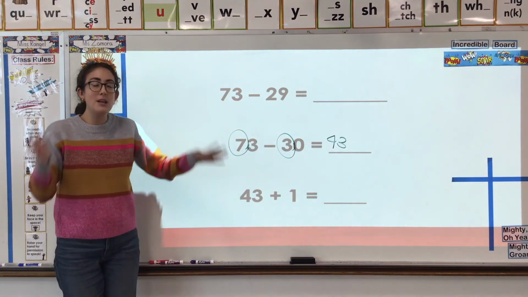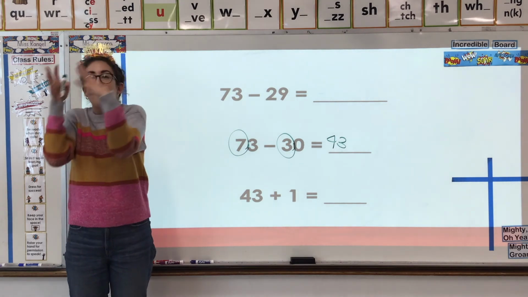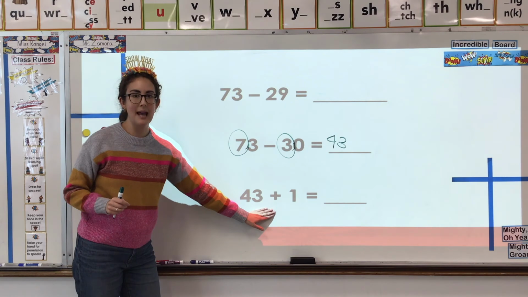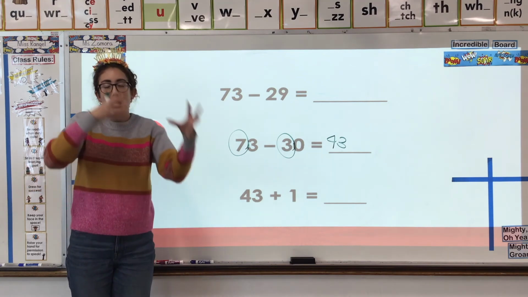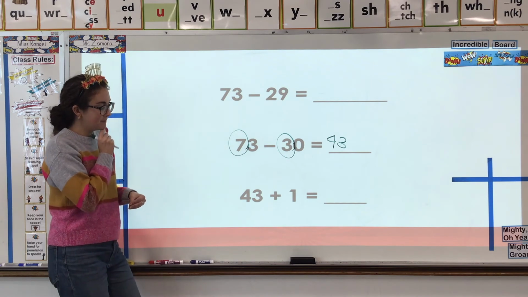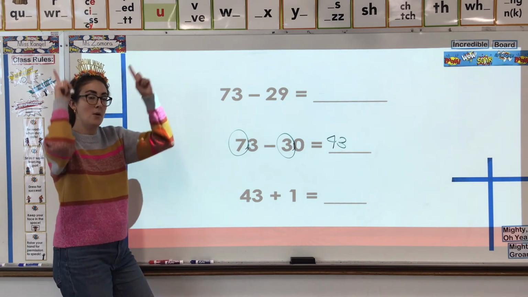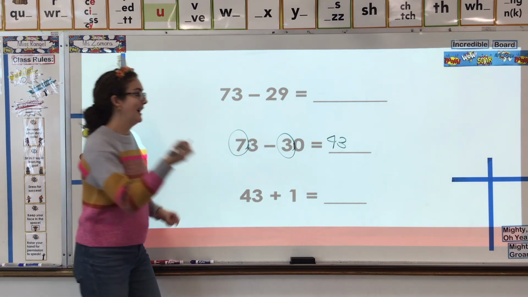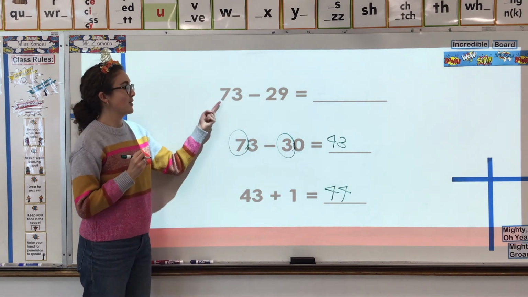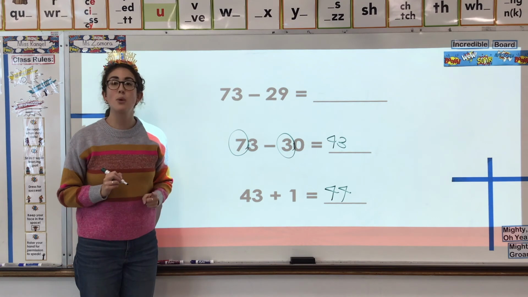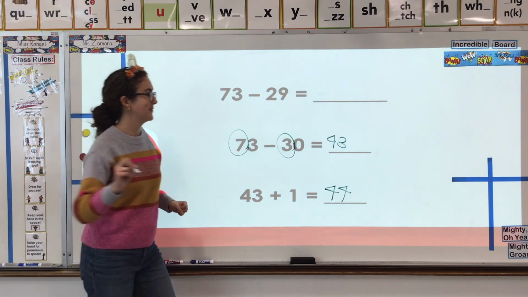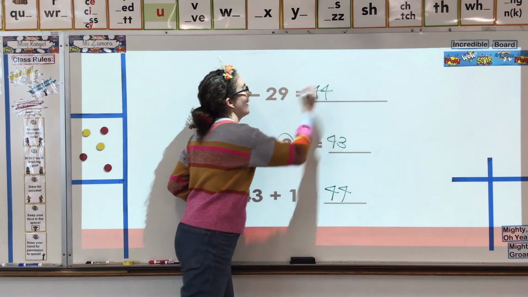So we have 43, but we have to go back, add back, and what would our answer be now? 43 plus 1 would be? So 73 minus 29 equals 44, of course.